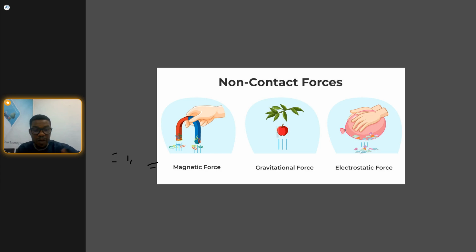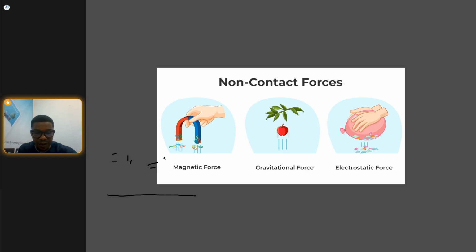Of course, there will be a motion, but both objects were not in contact for motion to happen. As you can see, the pins were placed on the surface and the magnet was a bit far from it. But because of the magnetic force, the pins have to move in the direction of what? The magnet. So that is an example of non-contact force.